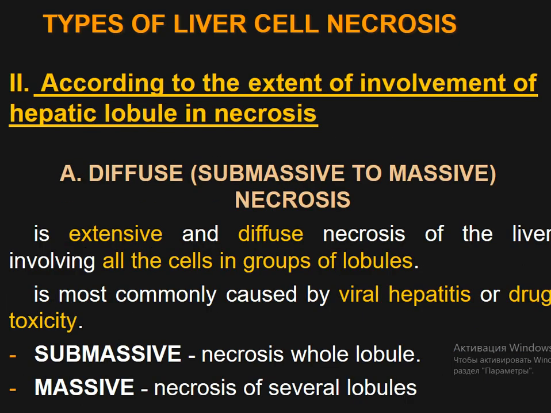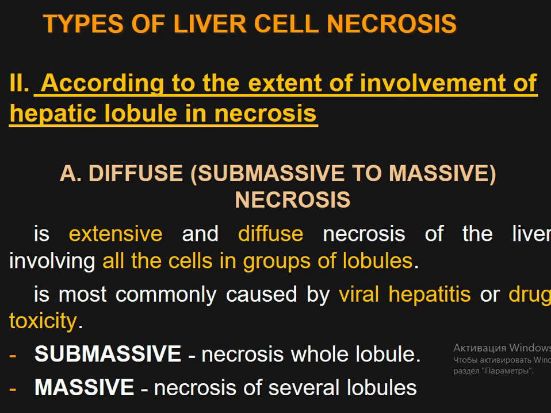According to the extent of involvement of hepatic lobule, we distinguish three types of necrosis: diffuse, zonal, and focal necrosis. Diffuse necrosis is extensive and diffuse necrosis of the liver involving all the cells in groups of lobules.